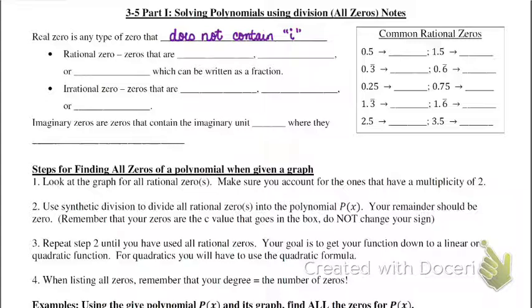My rational zeros are whole numbers, terminating decimals, and/or repeating decimals.